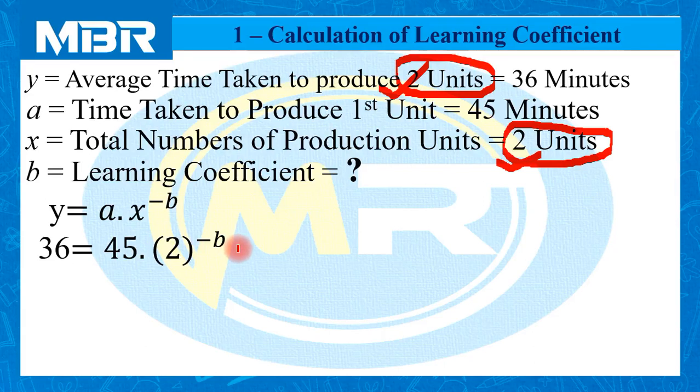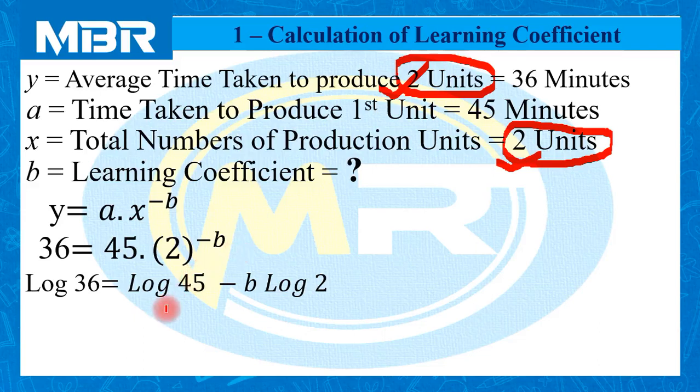Now, for the solution of this equation, we need log. Log 36 equals log 45 raised to minus B, which comes to multiplication: minus B log 2. Now check the values in the log table and insert them in the formula. 36 has 2 digits, 45 again has 2 digits, and 2 is a 1 digit number.